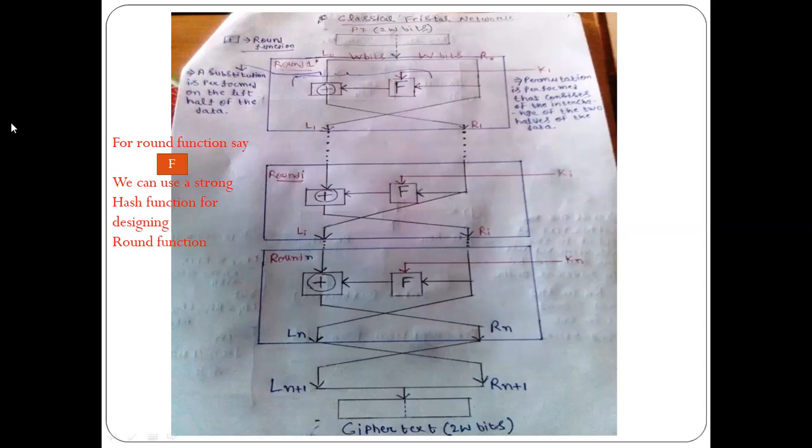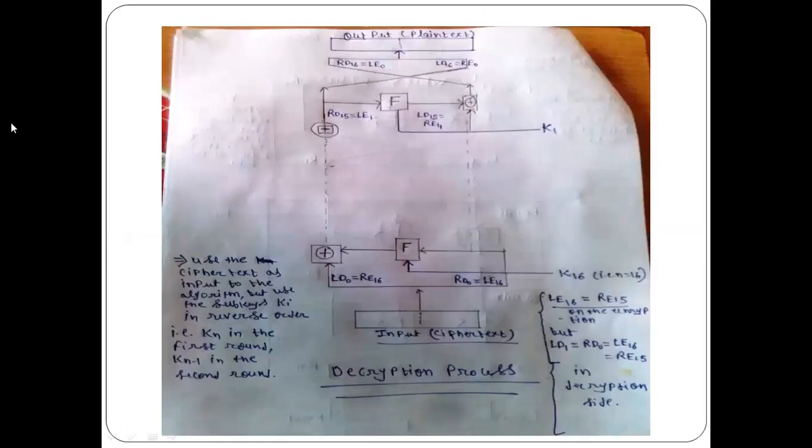Then we pass this result to the XOR, XORing with the left half of the bits, then we pass it to the right side of the next round, and the right side of the previous round passes to the left side of the next round. In this fashion we will generate the ciphertext at the end.